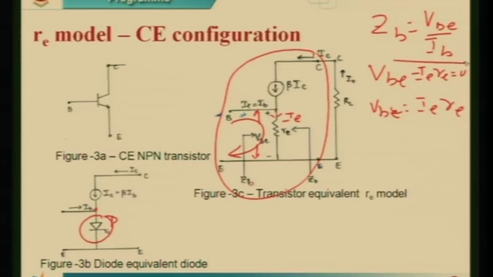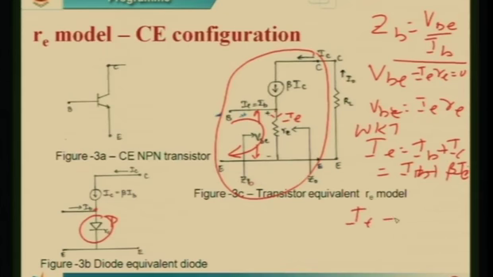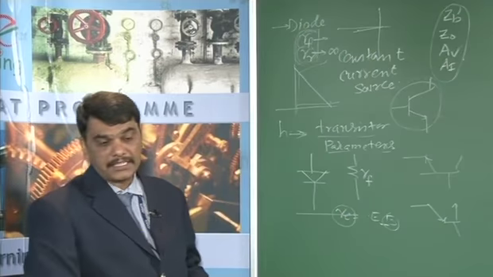Then we substitute what we already know, that IE equals IB plus IC, where IC is nothing but beta times IB, therefore IB plus beta times IB. That is, IE is equal to IB times (1 plus beta). But beta of a transistor is the ratio of the collector current to the base current, and its value is very high.